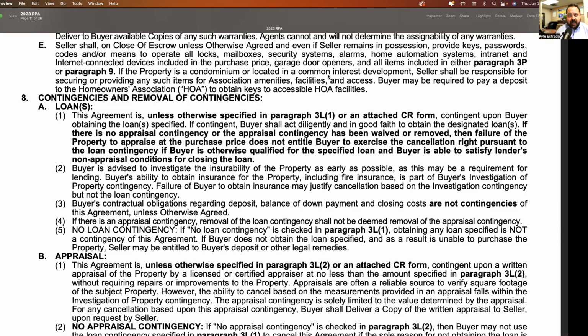Because we know we're going to have to get an appraisal anyway. They might not have an appraisal contingency, but if they're financing, 99.9% of the time they need an appraisal. I know there are times when, depending on price point and the amount of cash down, they do desk appraisals, but that's very rare.